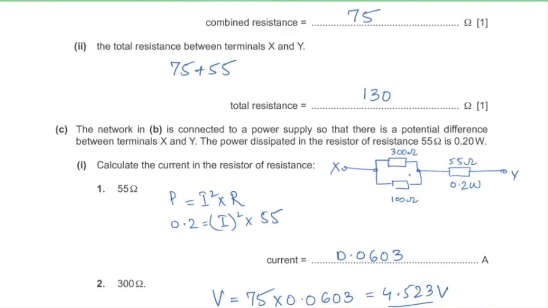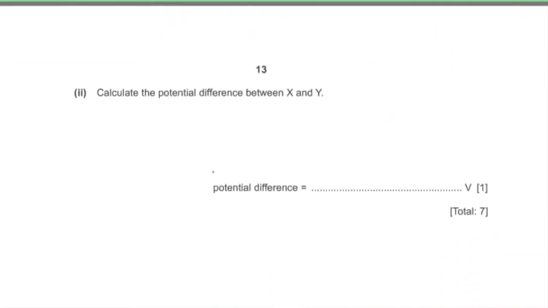So PD across this loop was 4.523, plus PD across this can be calculated using the formula R into I, which is 55 into the current across it, 0.0603. So the potential difference between X and Y is the sum of PDs across each component. That gives us a potential difference of 7.84 volts.